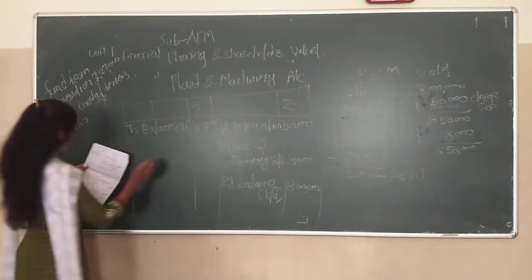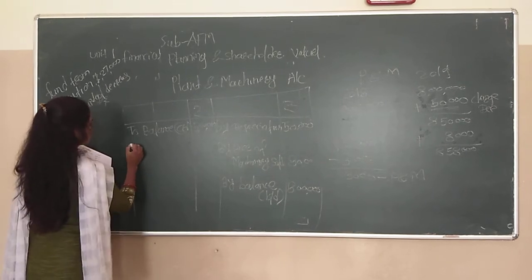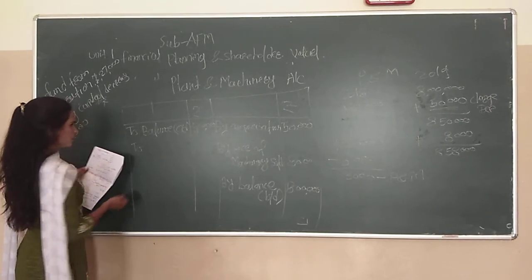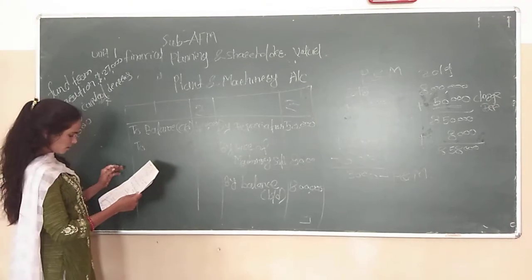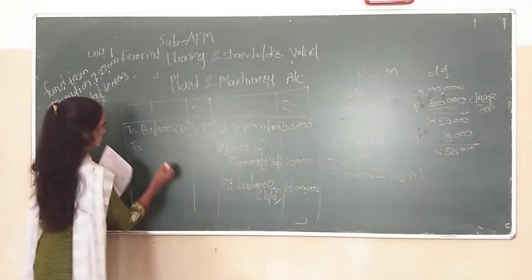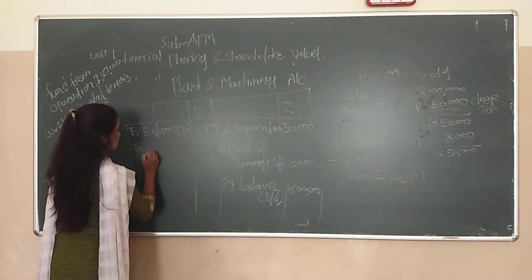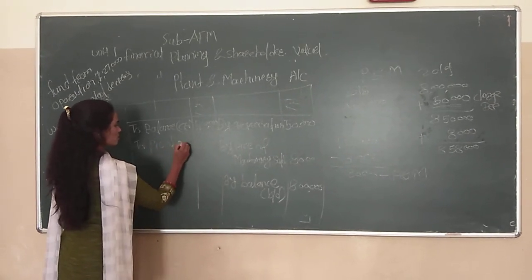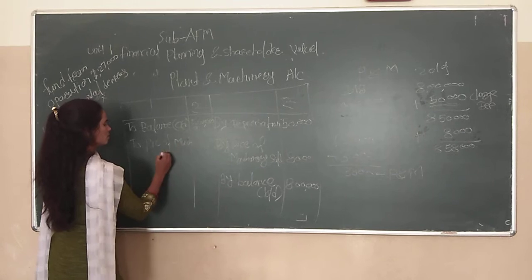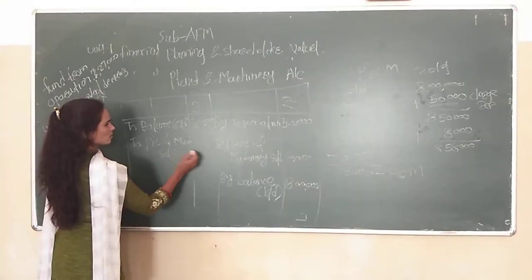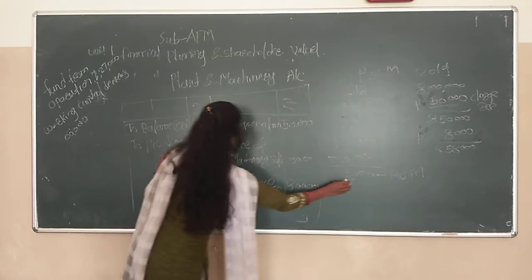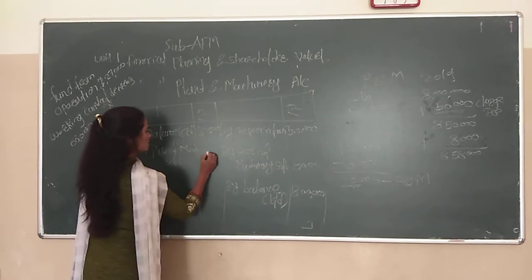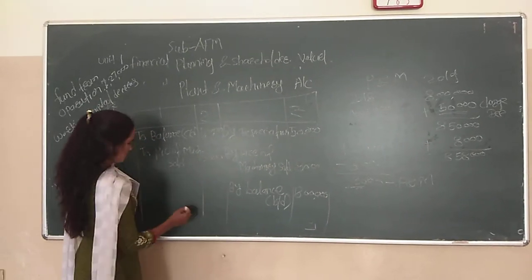And to piece of machinery sold, this is a loss, 3,000, debit sign. Okay.